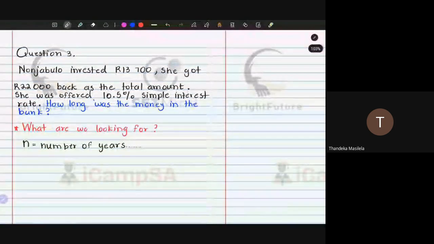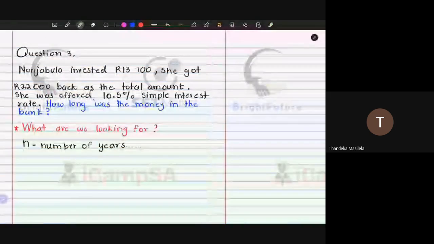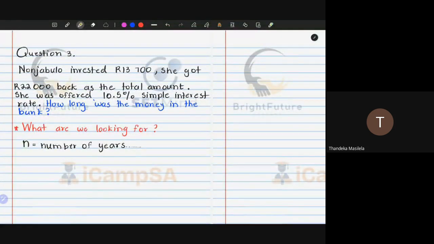And what do you guys notice from our problem here? What is the keyword which we should be taking away that will inform the type of formula which we use? Simple interest. On point.